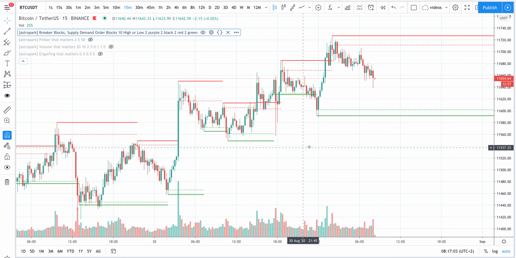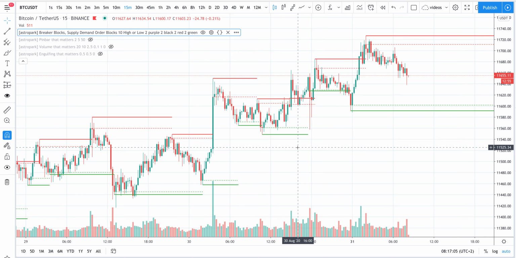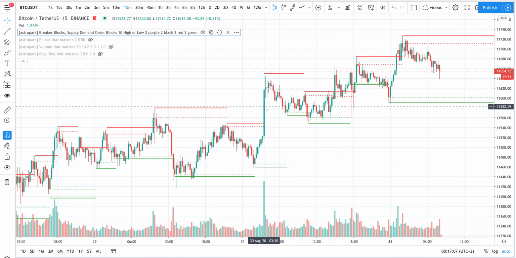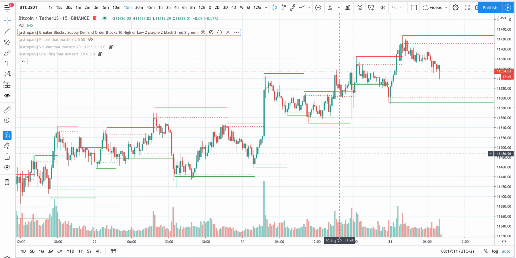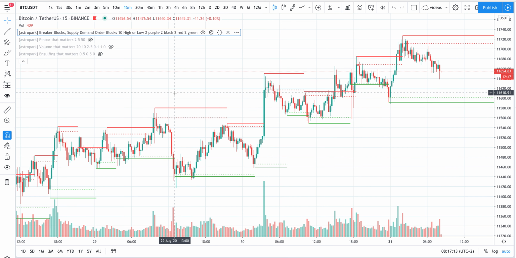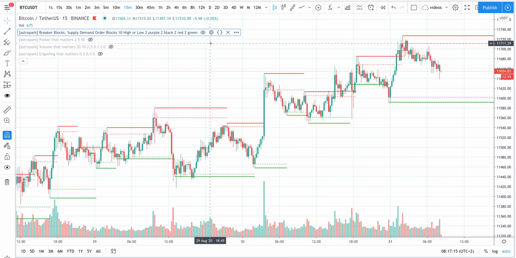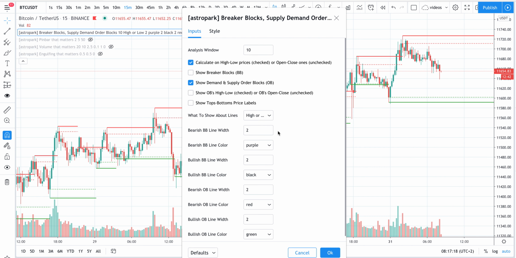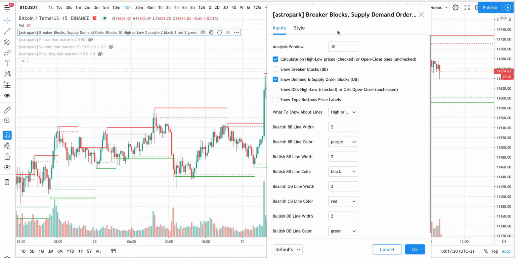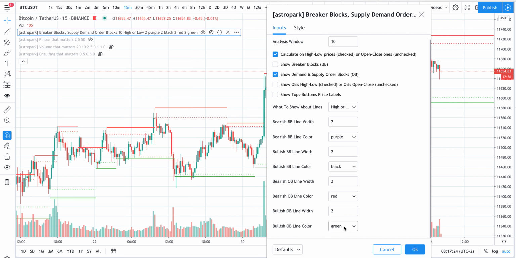Of course, not all zones are respected, and depending on the chart you are in, you may like to add some customization. For example, you can customize colors. If you don't like the red and green, you can of course change these colors, and the width of the lines.